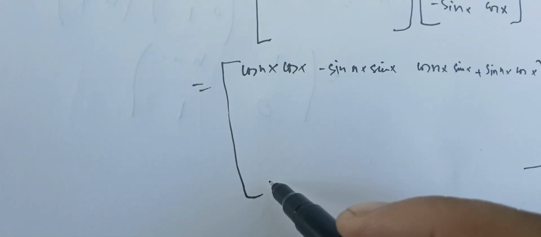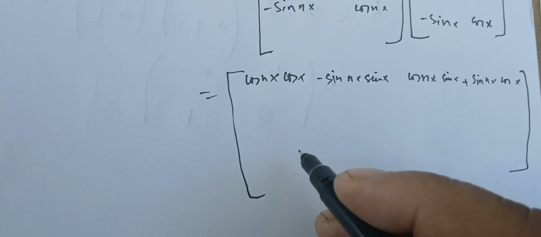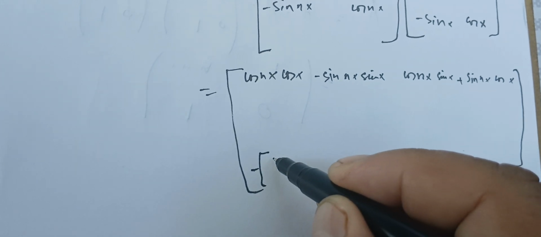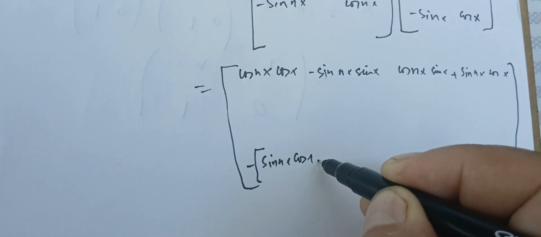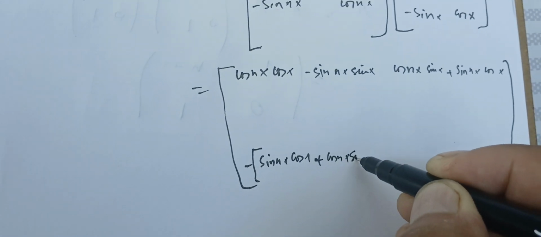Now for the second row, first column, we have minus, that we're going to take outside, minus sine nx times cosine x plus cosine nx sine x.